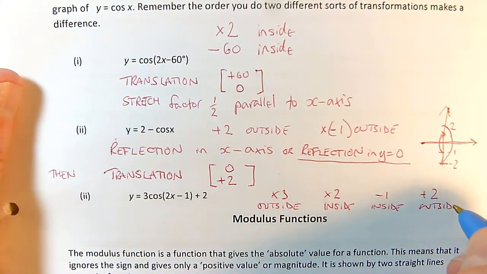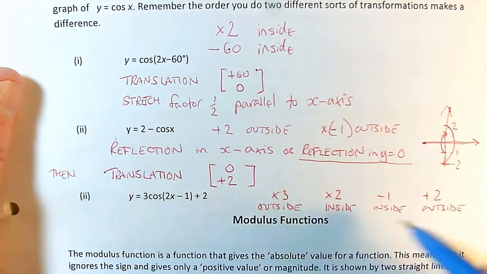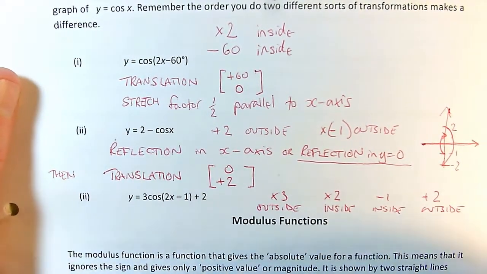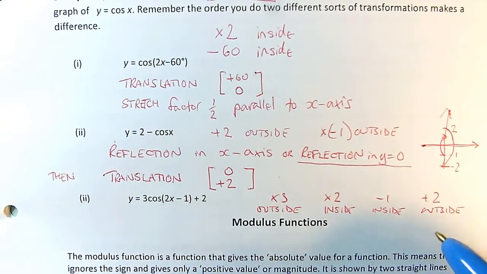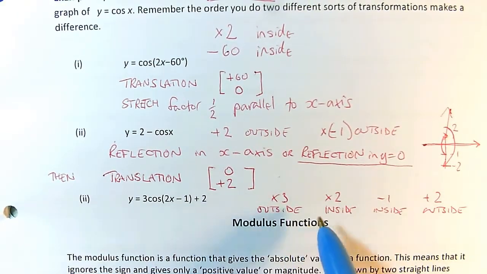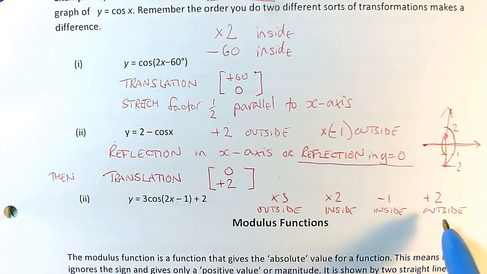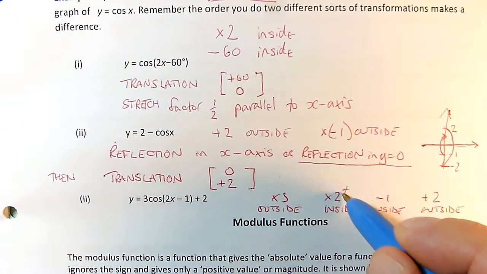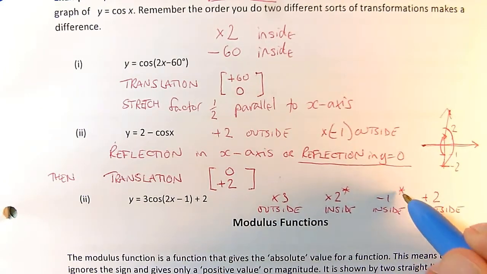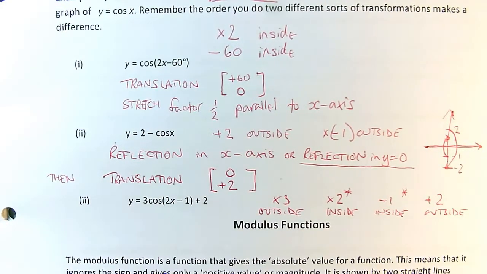Notice I've just written those down in any order, because this is for me to think about things, get that down, and then turn them into transformations. The ones that are multiplications are going to be stretches, and these additions and subtractions are going to be translations, and the inside ones are going to have accidents, they're going to do the opposite.